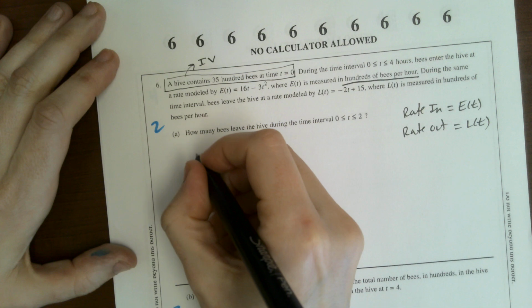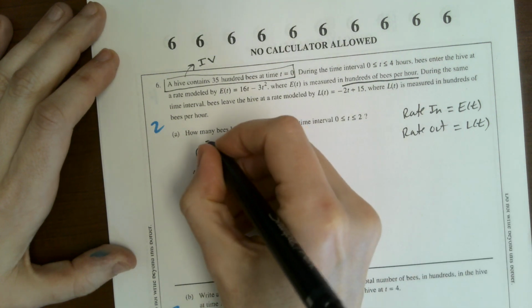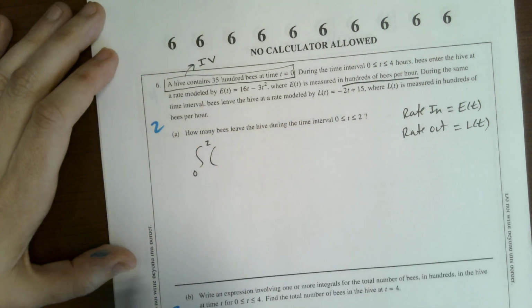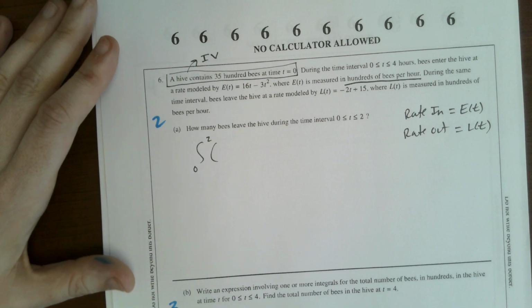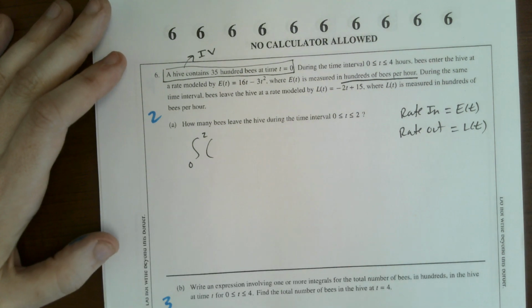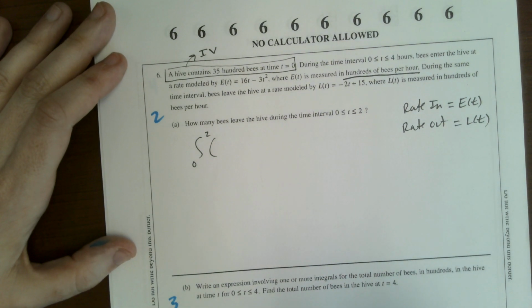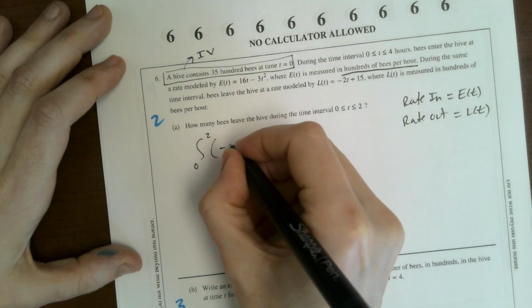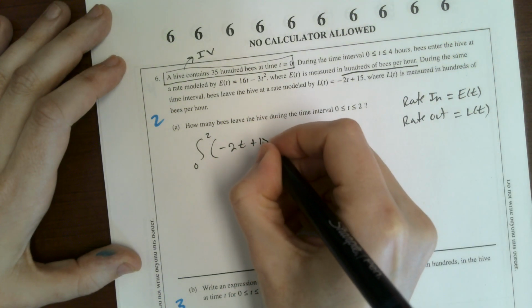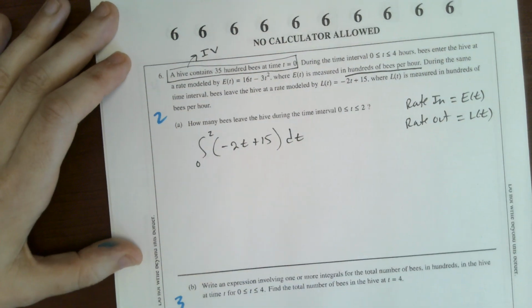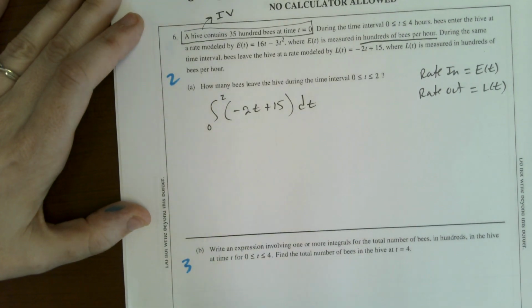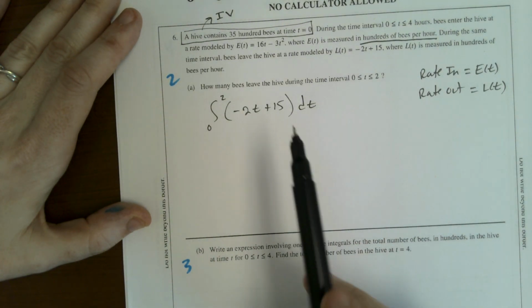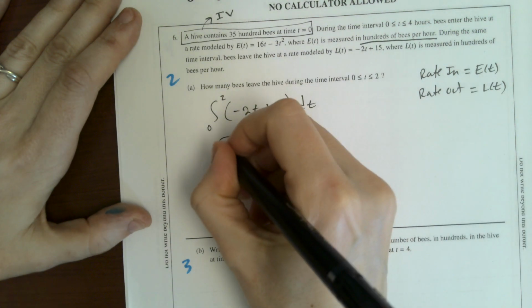So this will be the integral from 0 to 2. This is just the net change in the bees that have left. Okay, so minus 2t. This is a non-calculator section, so I have to do the antiderivative. And these are one-step antiderivatives.